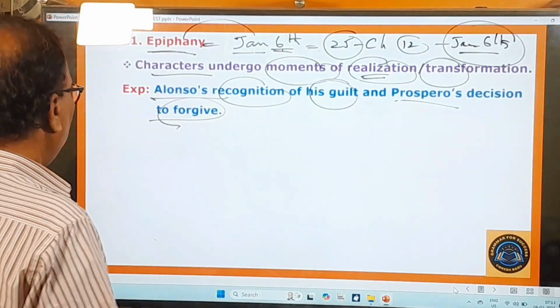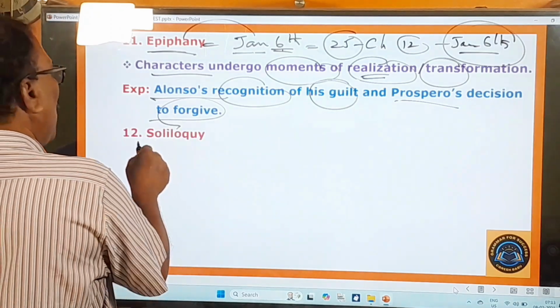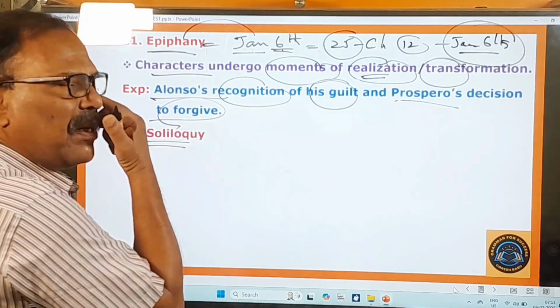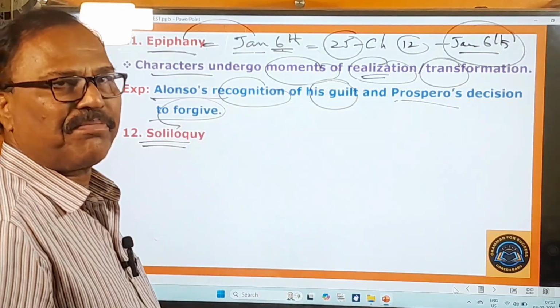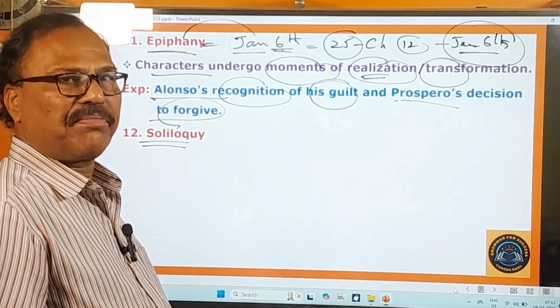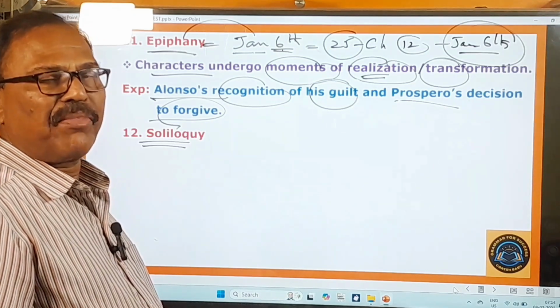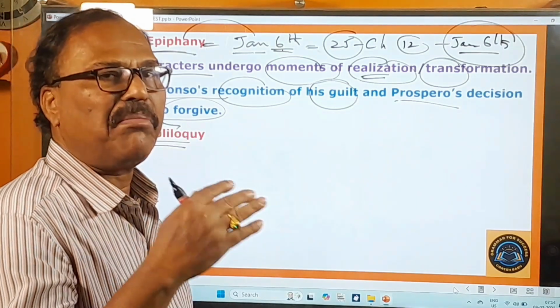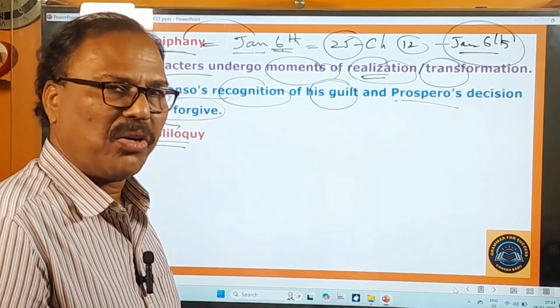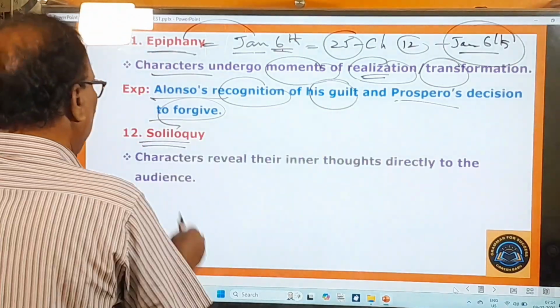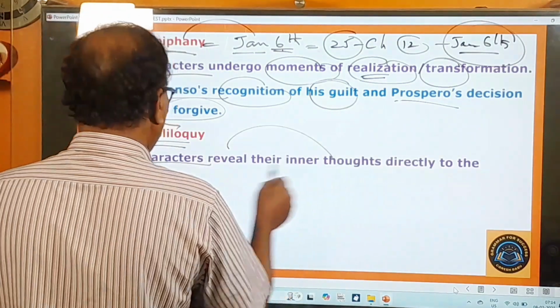Right. And here, 12th one, soliloquy. Soliloquy means a speech on the stage. Solo speech. A solo speech made on the stage is called soliloquy. You know very well. Characters reveal their inner thoughts directly to the audience.